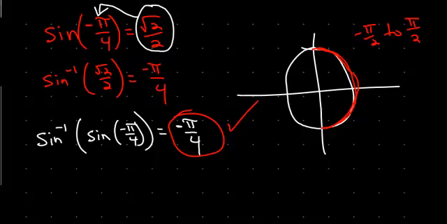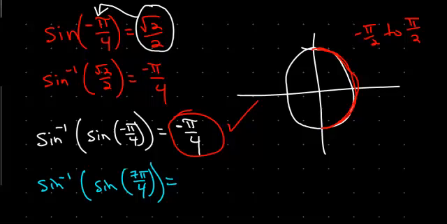Let's give an example where it might be a little more confusing. The inverse sine of the sine of, and let's stay at that same angle, but really let's call it 7 pi over 4. That puts us at the same radius of the unit circle.